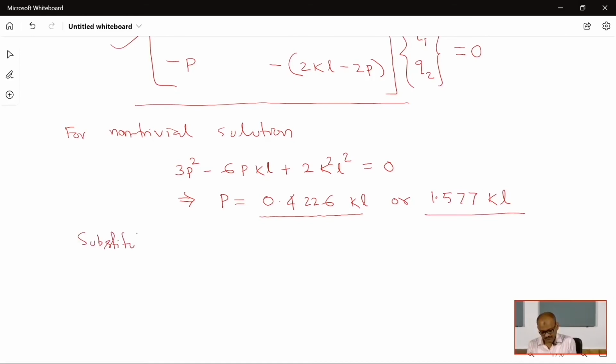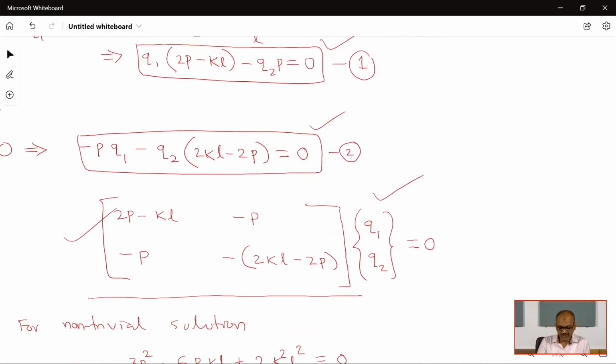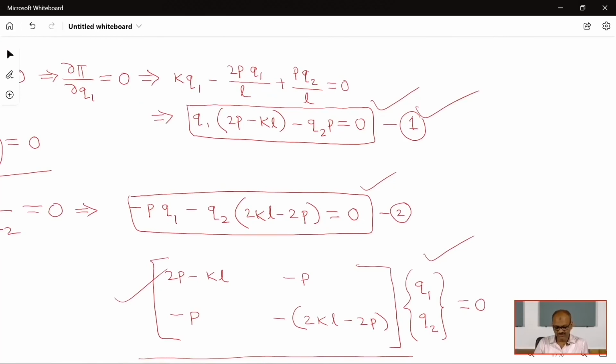Substituting P equal to 0.4226 KL in any one equation, let us substitute in equation 1.